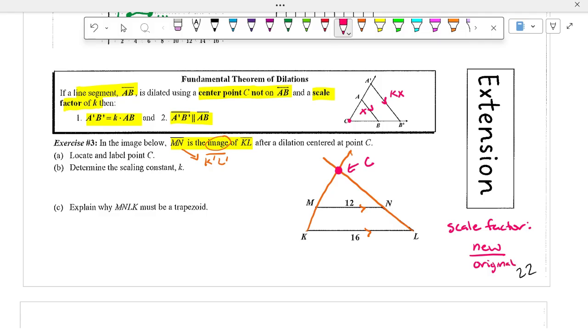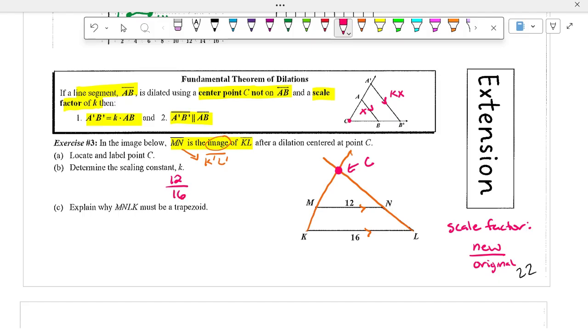So in this case, what's my new? Which line did they say is the new, or the image? It's highlighted, guys. MN is the image, so it's the new line. So I'm going to take the length of MN, 12, and divide it by what? 16.